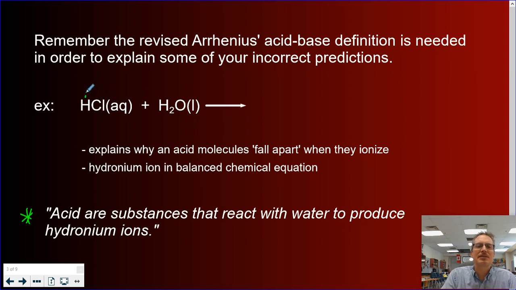And what happens is my acid donates a proton, right? The hydrogen. And so when an extra hydrogen joins water, H2O now becomes H3O. And because it was neutral, when it gained an extra positive, it's now H3O positive.